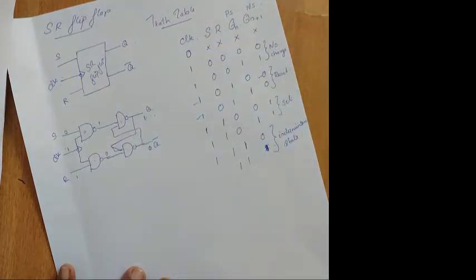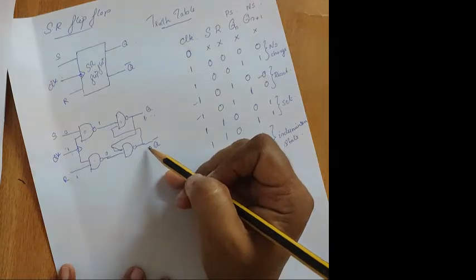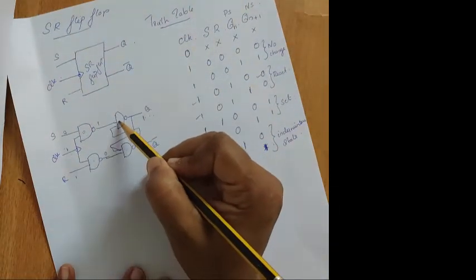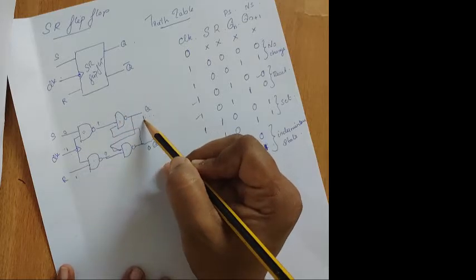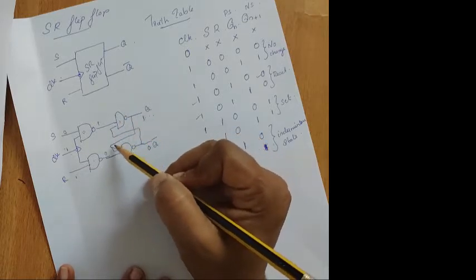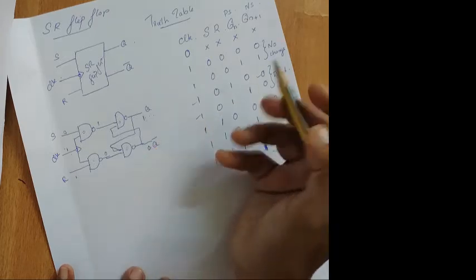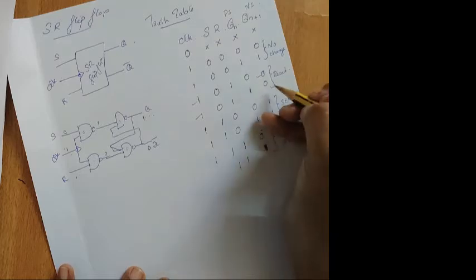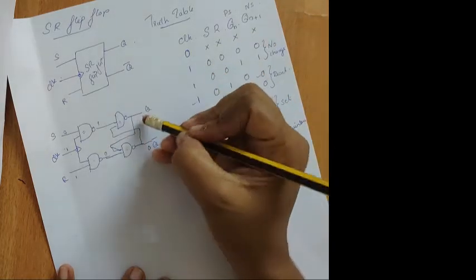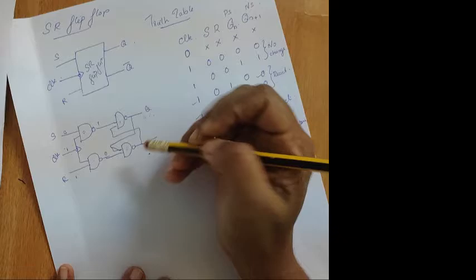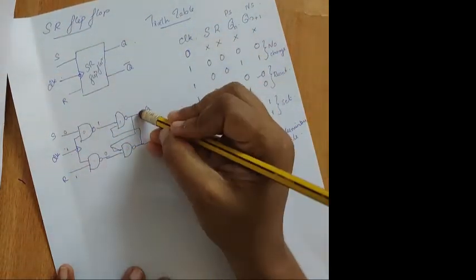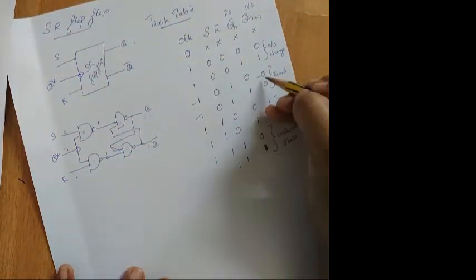Again, 1, 0, this is 0, and that will be 1, 1, 0, 0, this also will be 1. So whatever happens to the present state, your next state should be in the reset condition, 0.